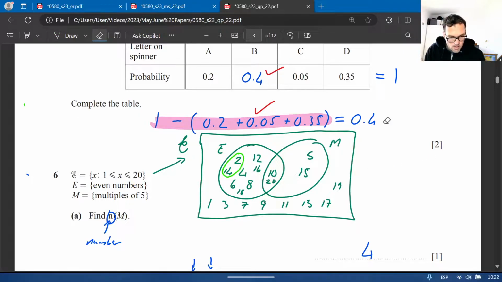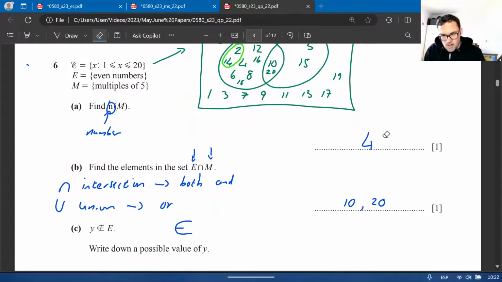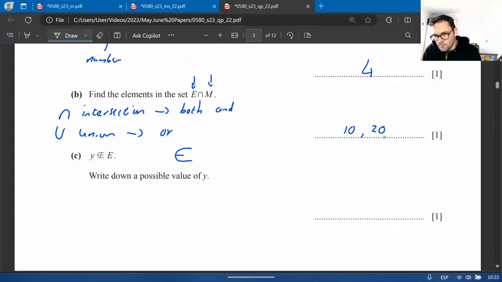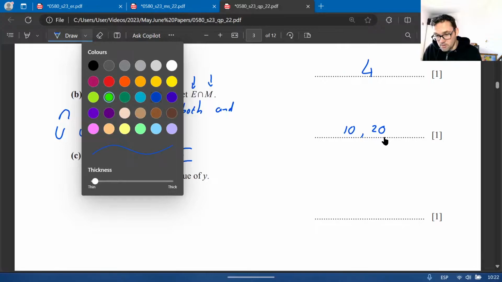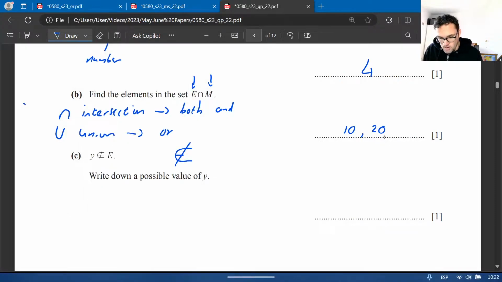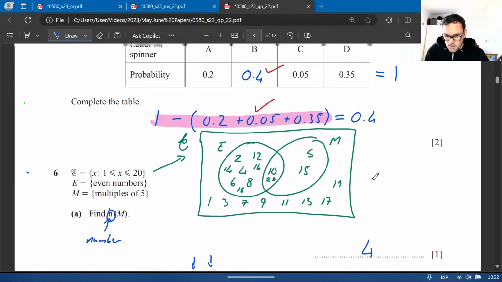Now, of course, if there is a line going through it, this means it's not an element. It's not in there. Okay, so y is not an element of E. So that'll be what they ask.